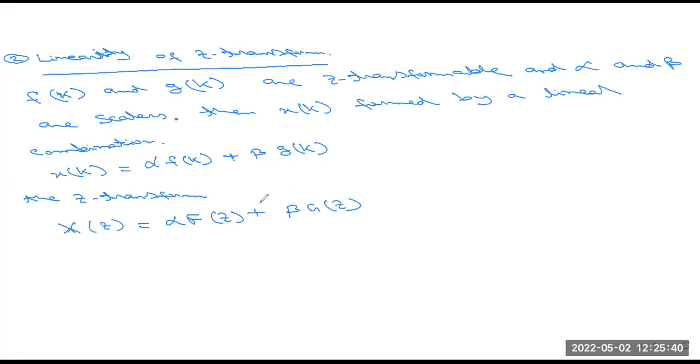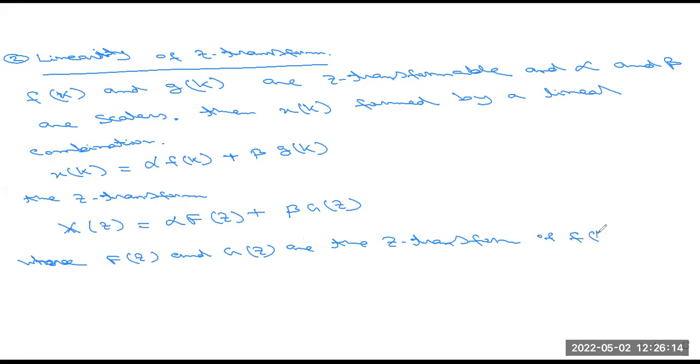This is basically the Z transform of the previous function, where F of z and G of z are the Z transforms of f of k and g of k.